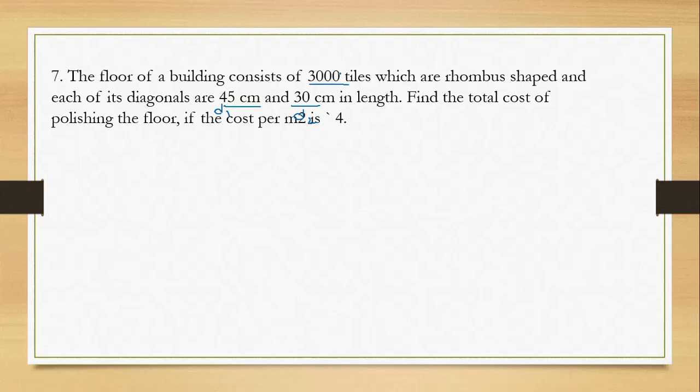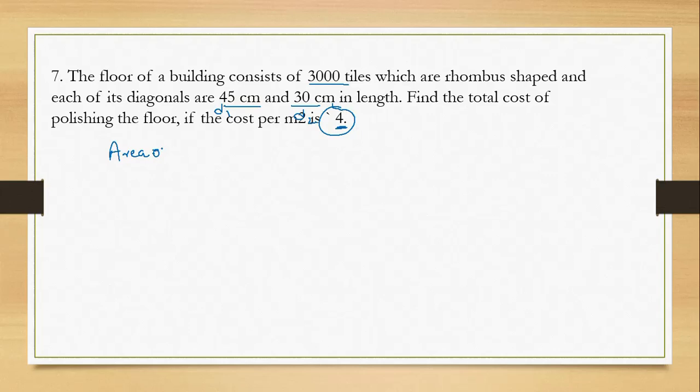They are in the rhombus shape, and they ask us to find the total cost of polishing the floor if the cost per meter is 4. For 1 meter the cost is 4. So how much cost it will take to polish the total 3000 tiles? So first we want to know the area of one tile, then we multiply it by the 3000 tiles.